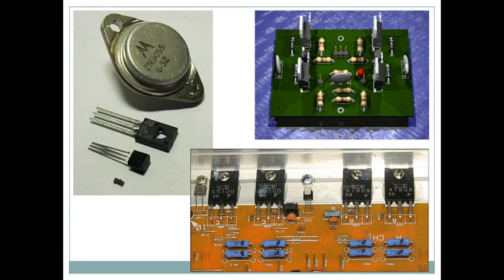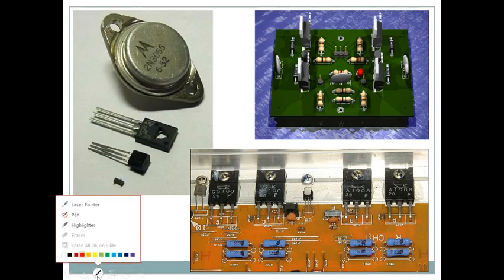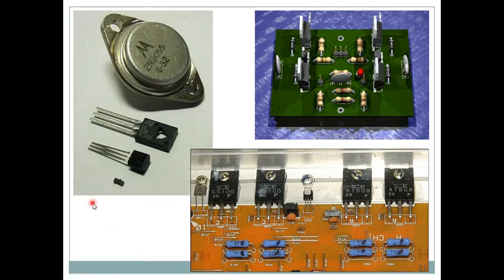Now if you look at the BJTs, there can be a variety of BJTs ranging from very small to very large transistors like these ones that can carry significantly large currents, maybe tens of amperes even. Because of high current they will dissipate a large amount of heat. To avoid the transistor being damaged from the heat, we need to attach it to a heat sink.